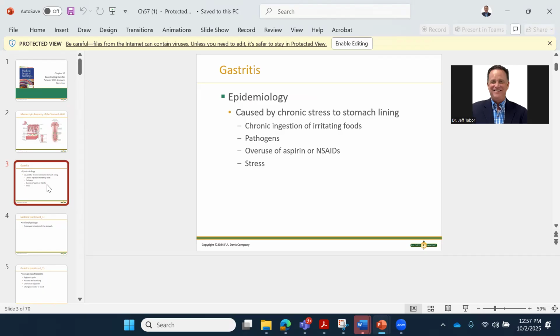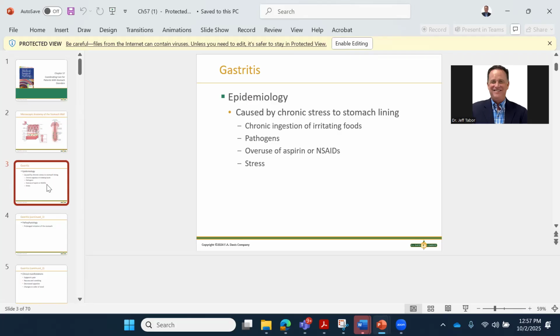So, a lot of patients who present with gastritis are patients that are ingesting NSAIDs on an empty stomach. And that's why it's so important that you educate patients that if they are taking NSAIDs, that they need to take NSAIDs with food.